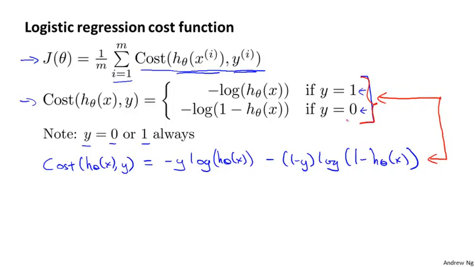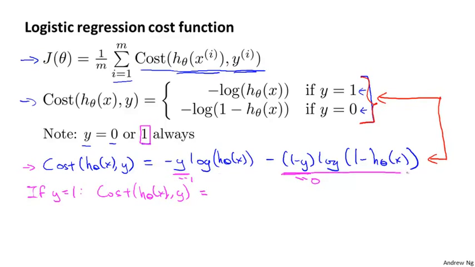We know that there are only two possible cases. y must be 0 or 1. So let's suppose y equals 1. If y is equal to 1, then this first factor is equal to 1, and 1 minus y is 1 minus 1, which is 0.